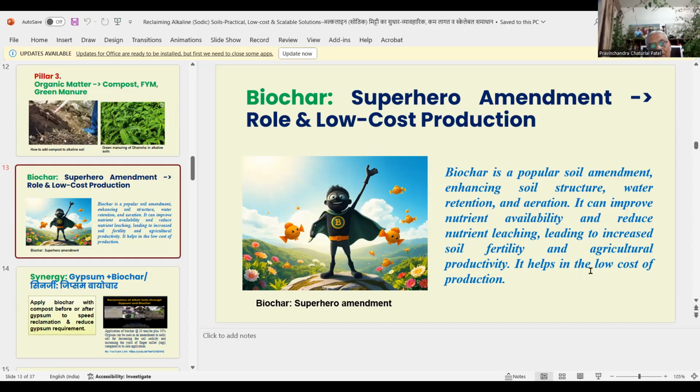So the nutrients are present in the soil. The soil is fertile, but nutrients are not available to the plant, resulting in low crop productivity. So saline, alkaline or acidic soils are fertile, but have low crop productivity due to the constraints of soil, as I have mentioned.